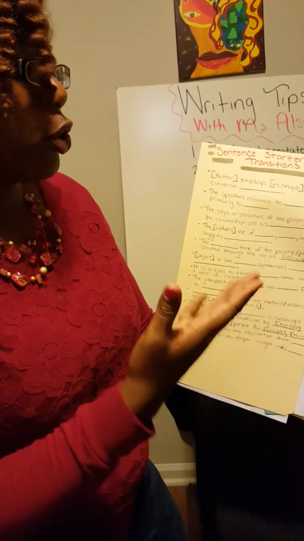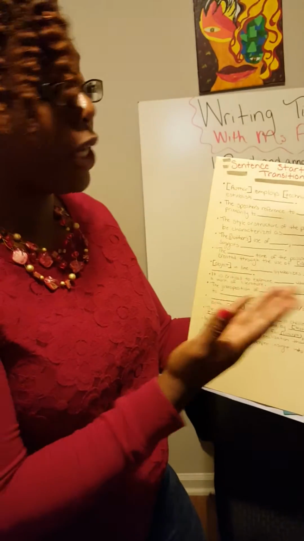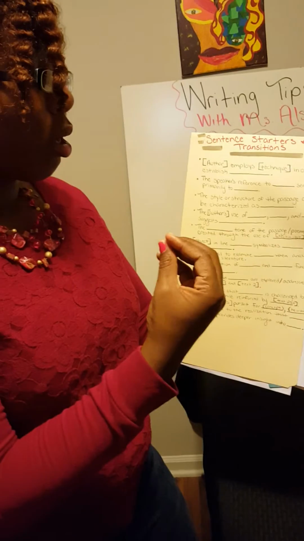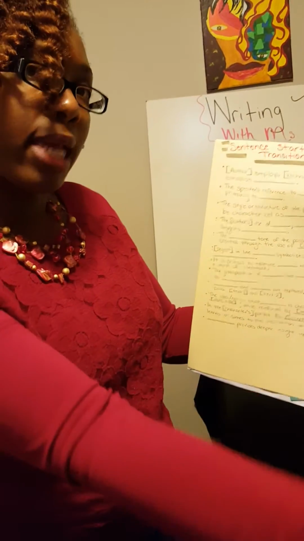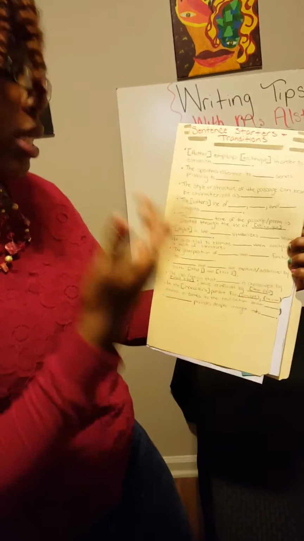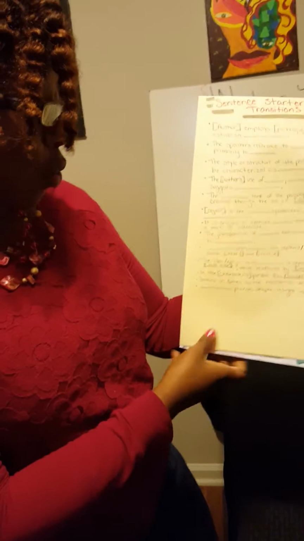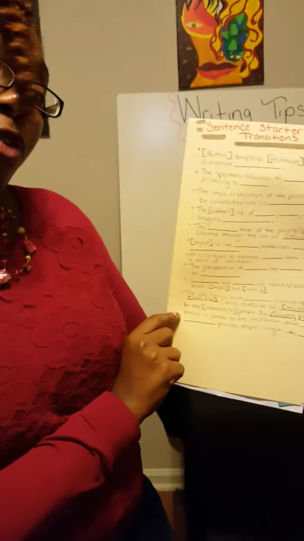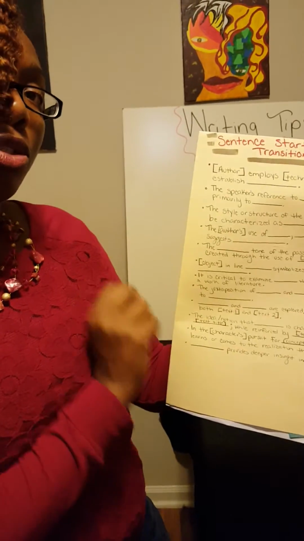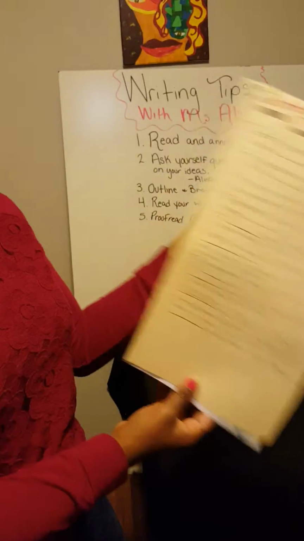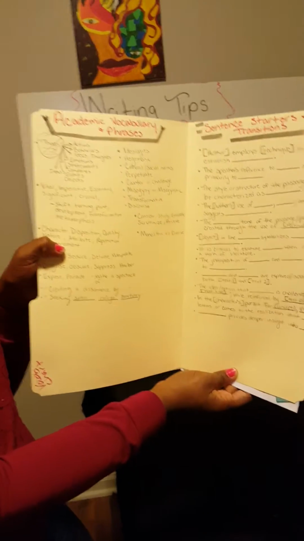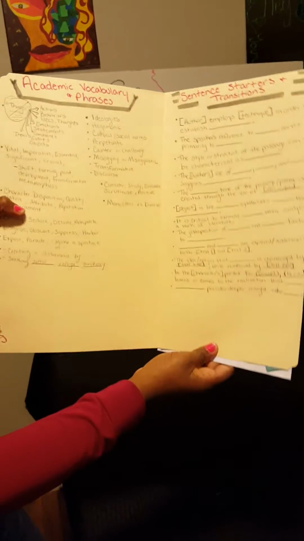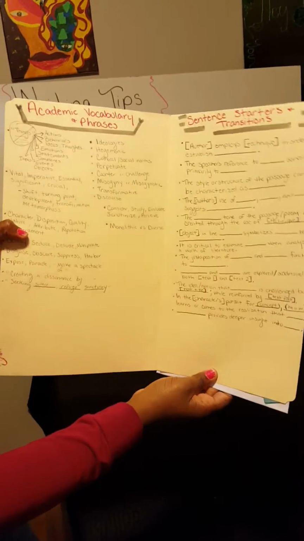The speaker's reference to, in Macbeth, the witches serves primarily to foreshadow that Macbeth will one day be king. So just filling in the blanks that way. If you have any questions about these, just let me know. I do have some at the bottom too for if you're comparing and contrasting two texts. So once again, as you read, you can add to this yourself. You don't just have to depend on me and the sentence starters that I have.